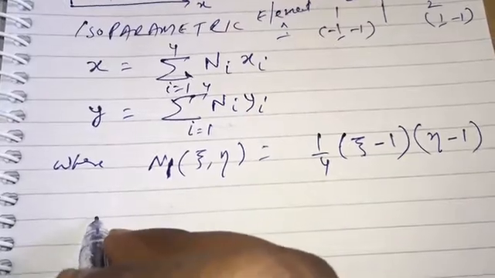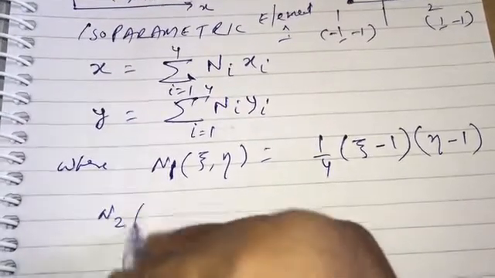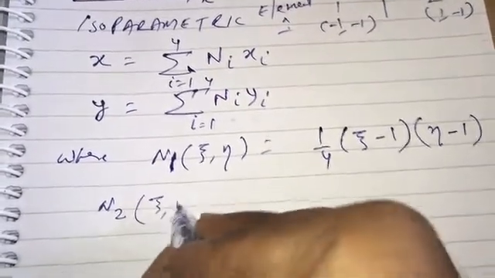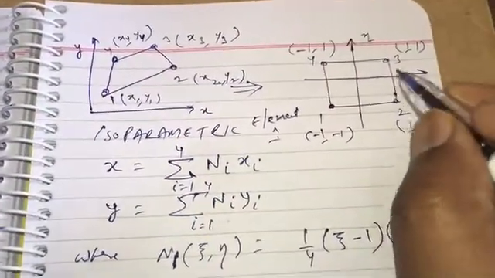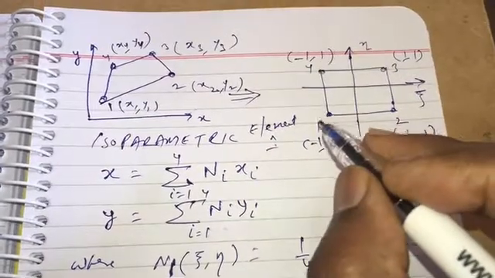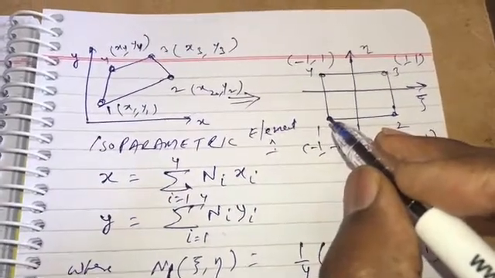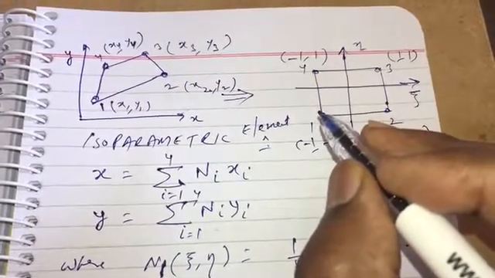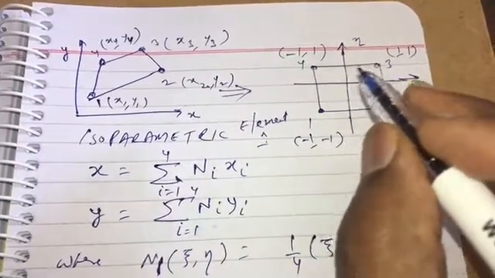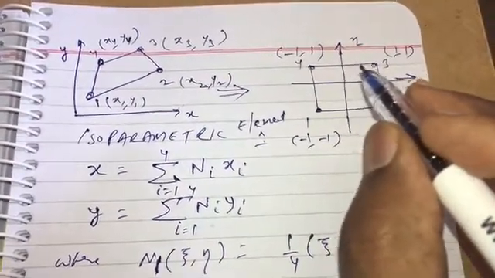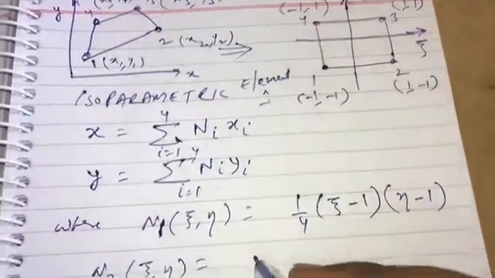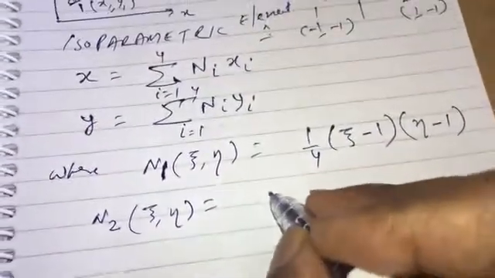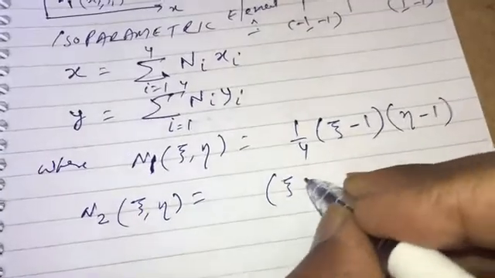N2(xi, eta) is equal to, again, this point. So xi equal to minus 1 and eta equal to 1.